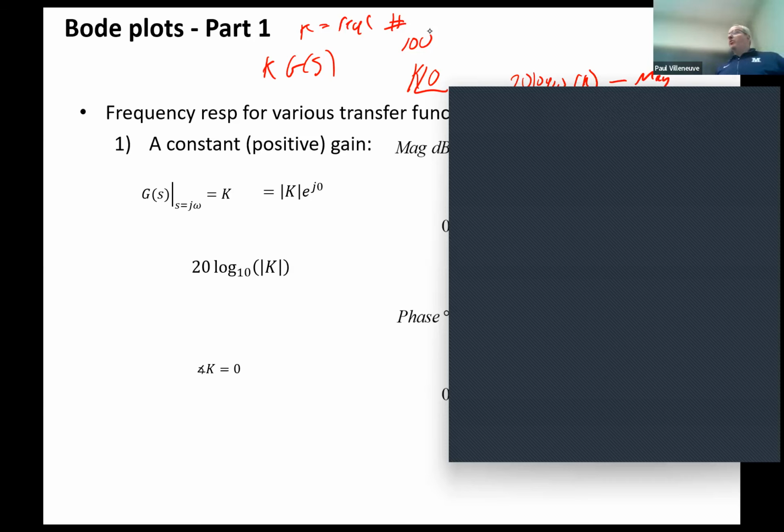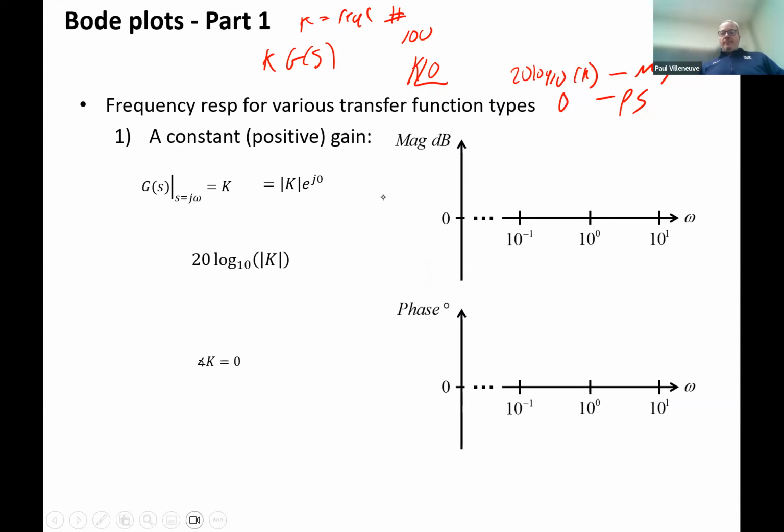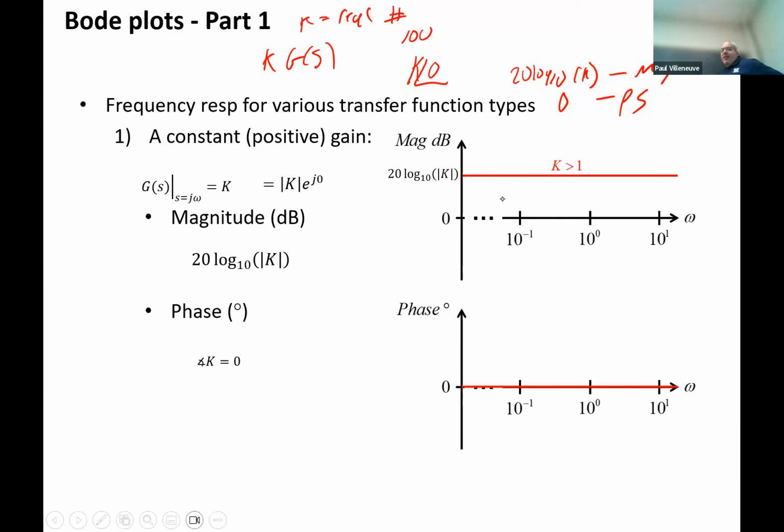So anytime you multiply something by K, you can either increase it or decrease it. Going back over here, here's our magnitude plot. It's 20 log 10 of K. We just did that. Our phase plot is 0. Our magnitude is going to be fixed, no matter what the frequency is.